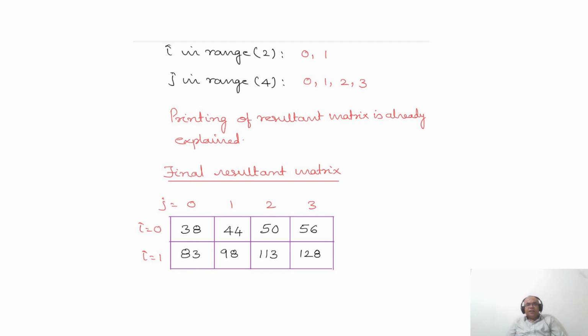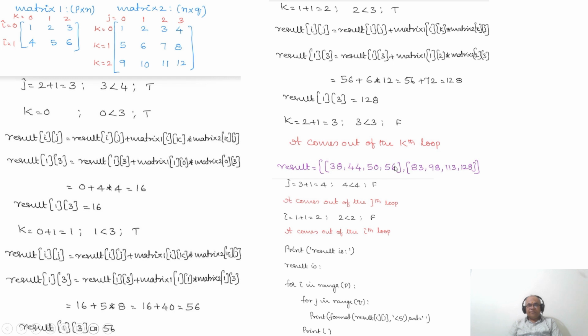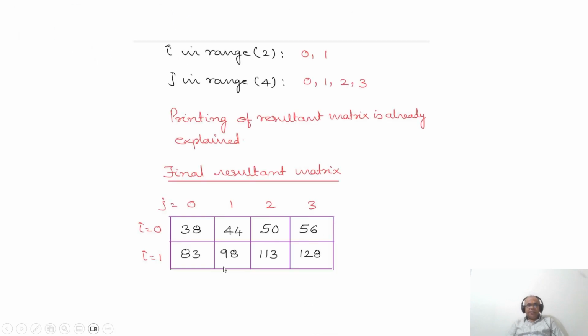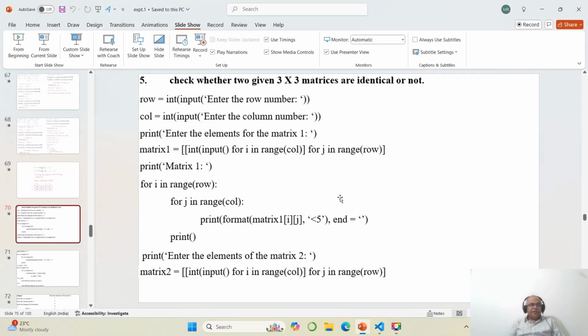The final resultant matrix will be 2 by 4, i is equal to 0, 1, j is equal to 0, 1, 2, 3. So 38, 44, 50, 56 for the first row, 83, 98, 113, 128. This is the final resultant matrix for the 2 matrix multiplication.